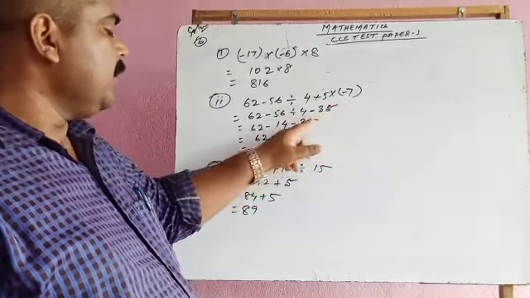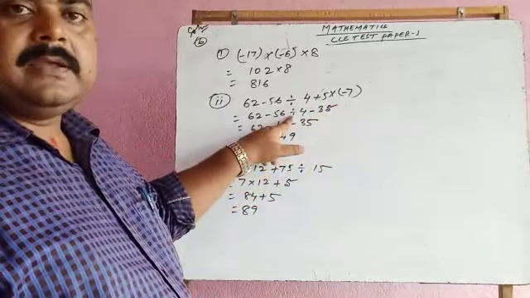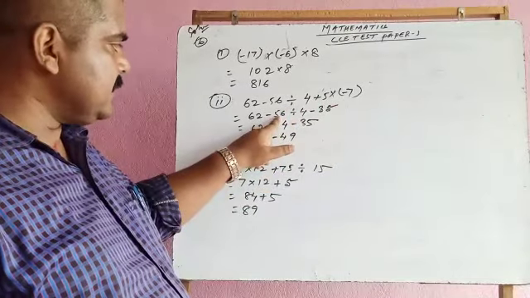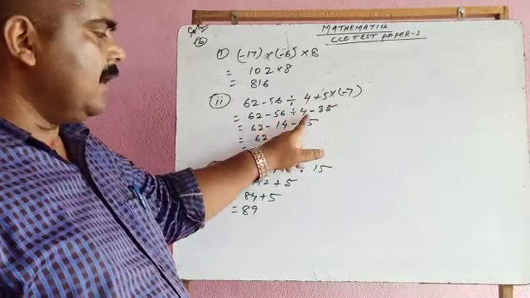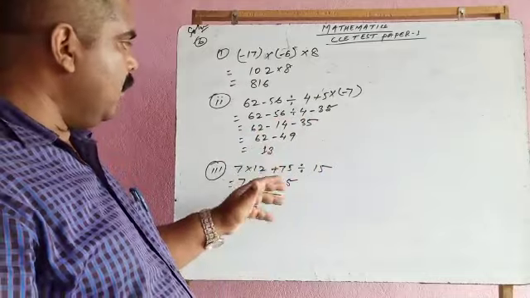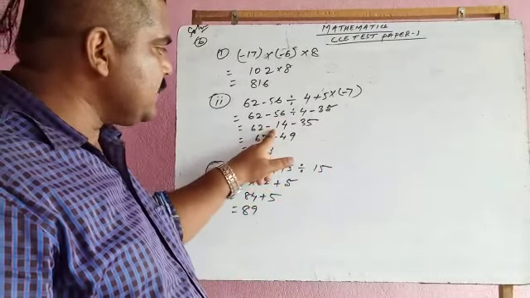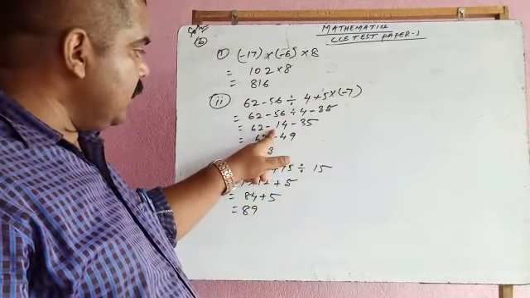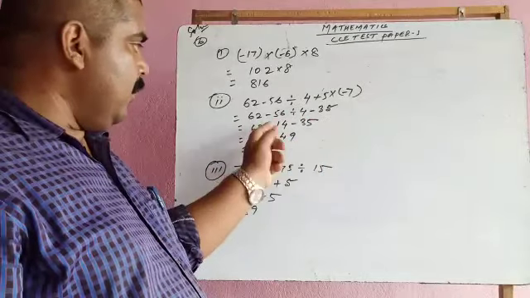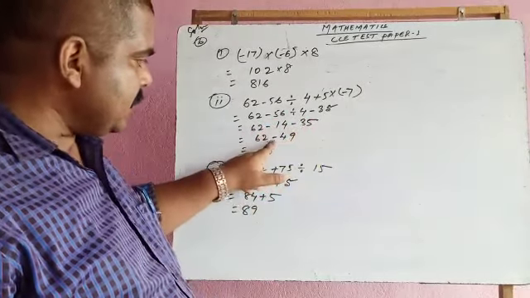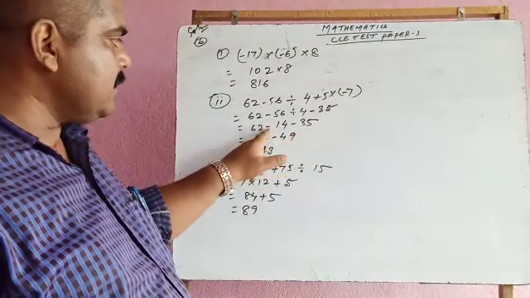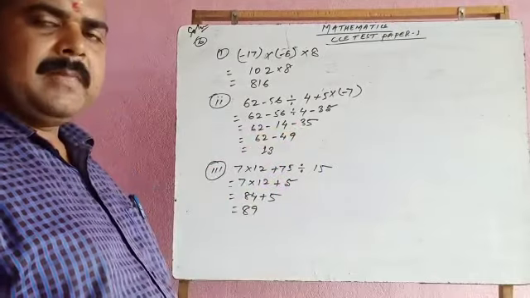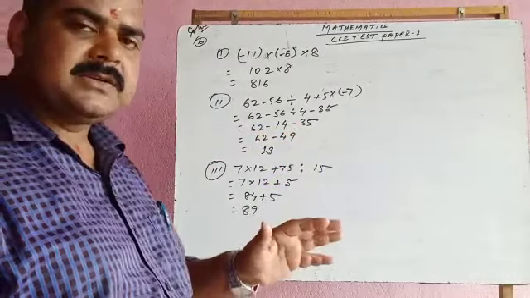After that you need to divide. When minus 56 is divided by 4, the result is minus 14. And now you have to just add, but put the sign negative, because this is minus 14 and minus 35.